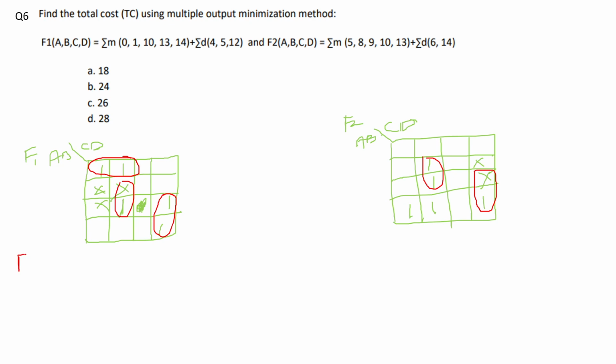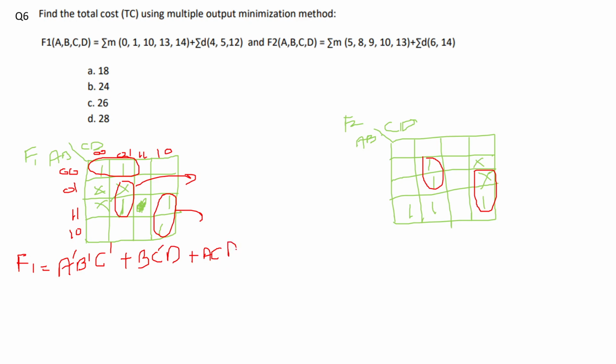So F1 can be written as a complement, b complement, c complement plus terms coming out from this and this. So this is b, c complement d, and this is a, c, d complement, right?